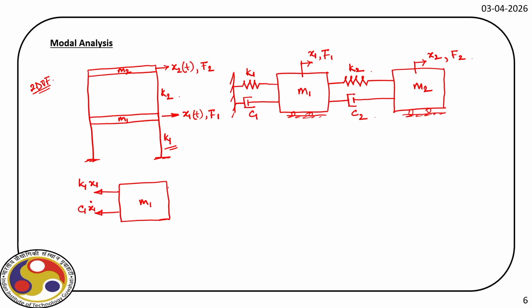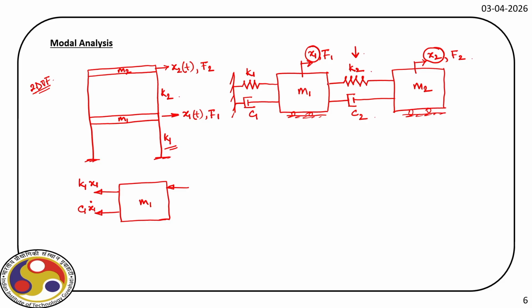Then on the opposite side, we have another spring. The moment this mass M1 tries to move on the right side by an amount of x1 and the second mass by an amount of x2, obviously this spring at the middle will have differential movement at the two ends.